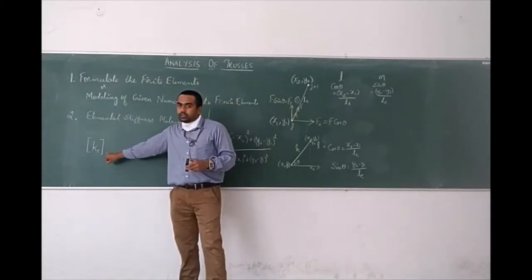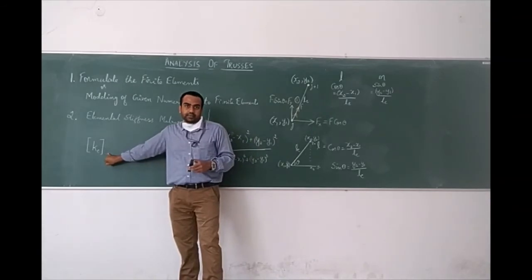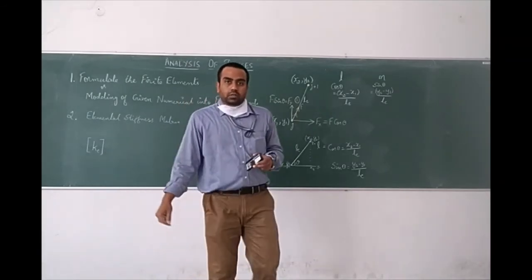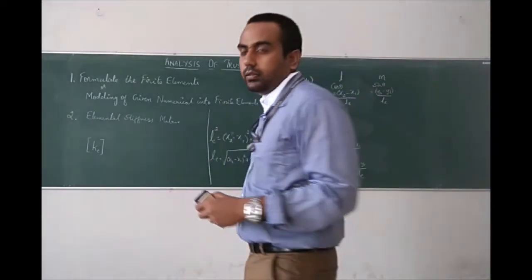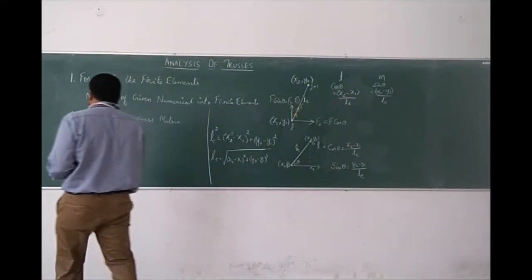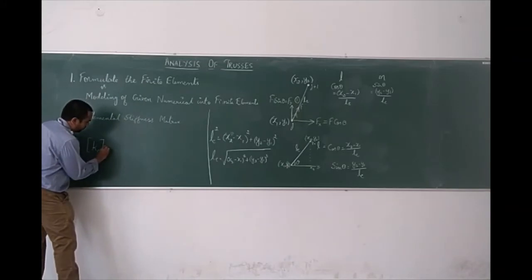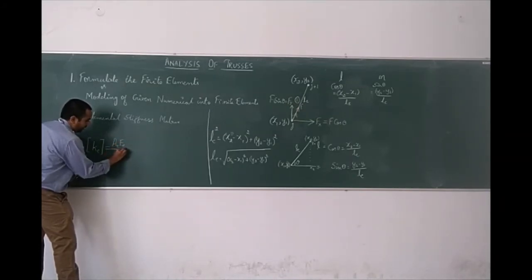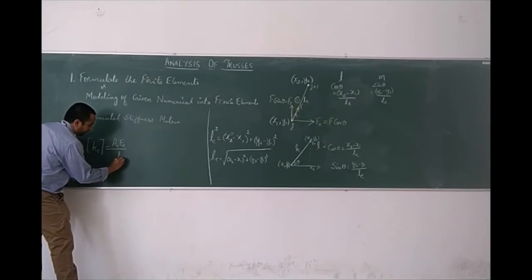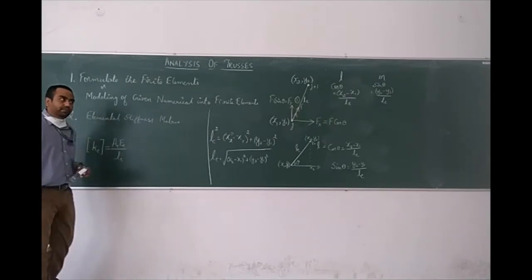So small k suffix e is equal to, I hope it is legible, yes, small k suffix e is equal to A suffix small e, E suffix small e, divided by L suffix small e.